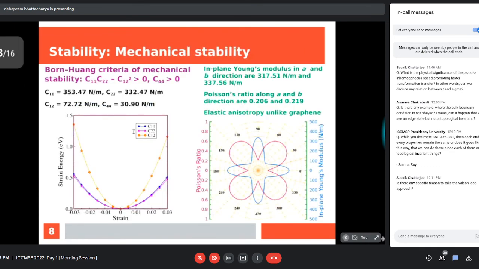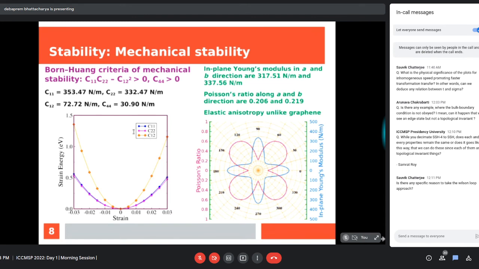The mechanical stability is also checked, using the Born stability criteria for orthorhombic crystals, that is, C11 C22 minus C12 squared should be greater than 0 and C44 should be greater than 0.